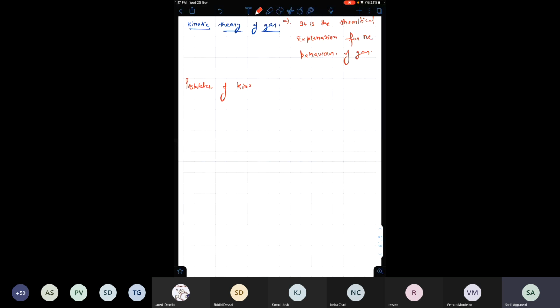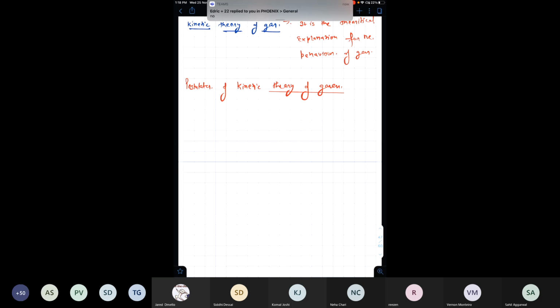Postulates of kinetic theory of gases. You have done KTG in physics? Done KTG in physics. Okay.